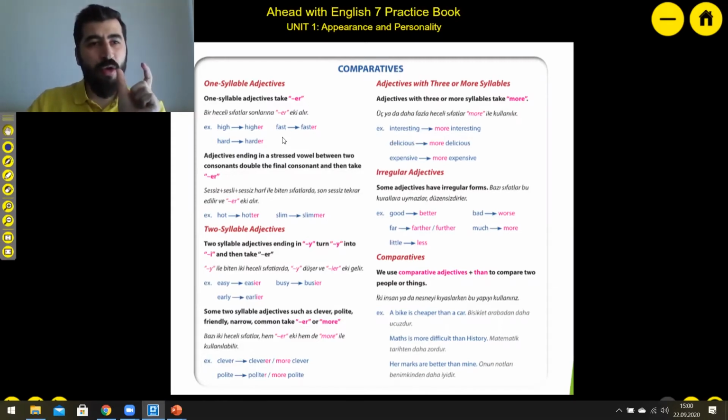It means short adjectives. Once you say it, it comes out from your mouth once. High, hard, fast. Relatively, they are short adjectives, we can say. We add the er suffix like that. High, higher, hard, harder, fast, faster.